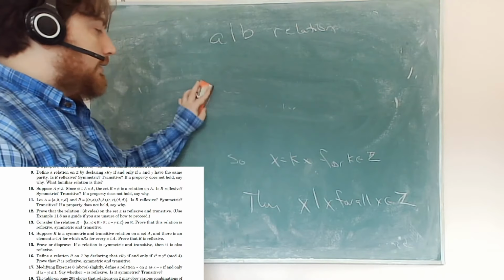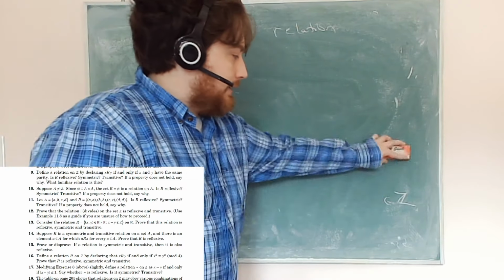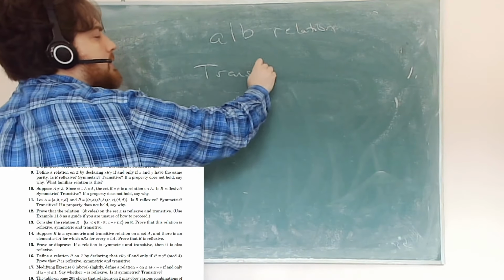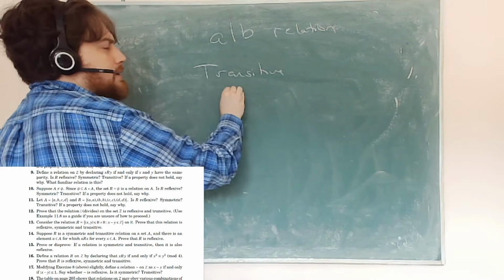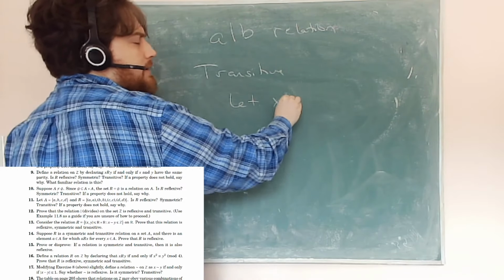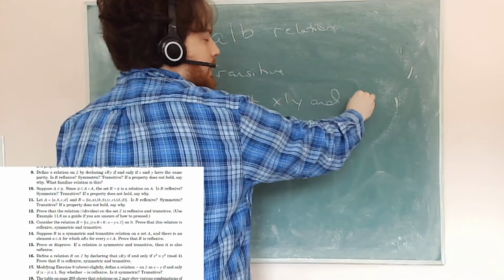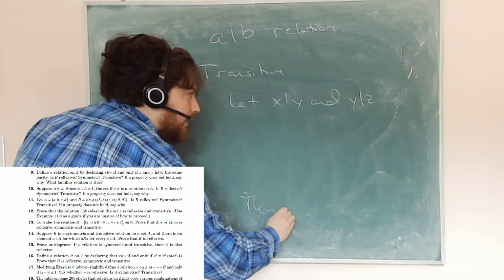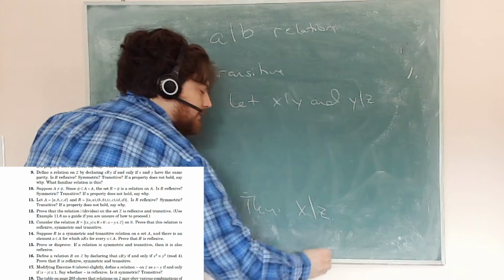All right, let's show transitive. So for transitive, we can say let x divide y and y divide z. We have to show then x divides z.